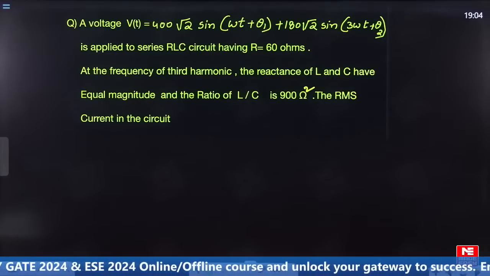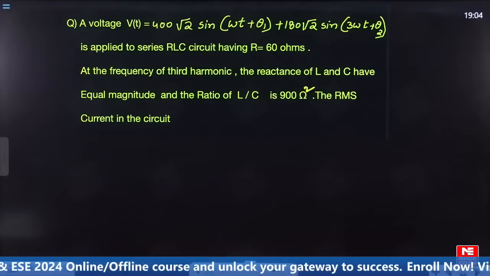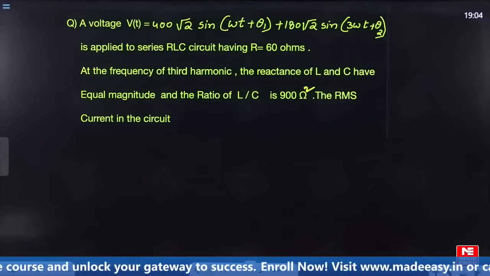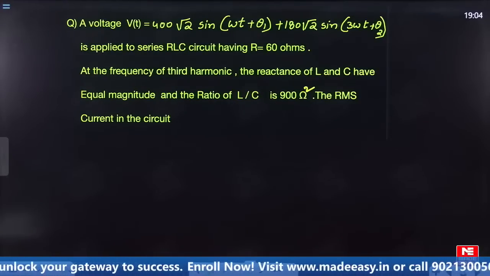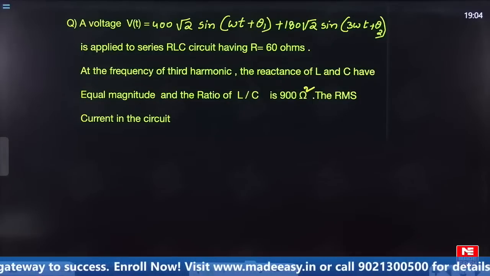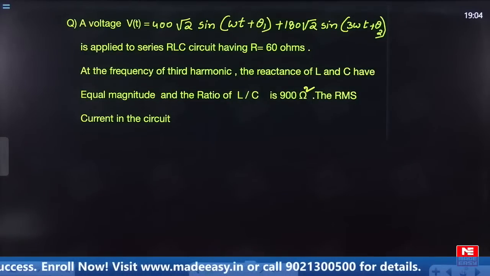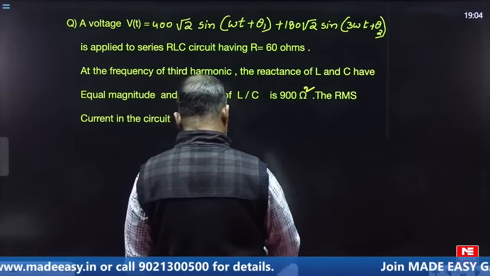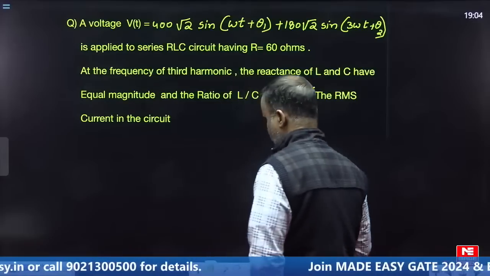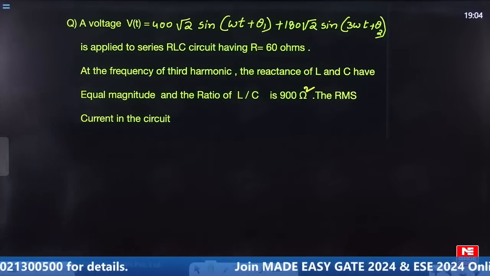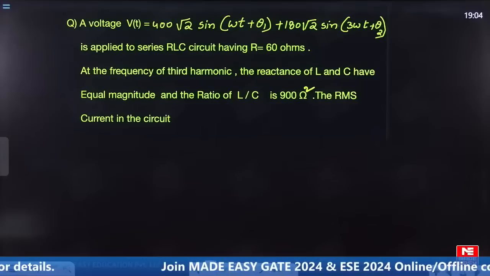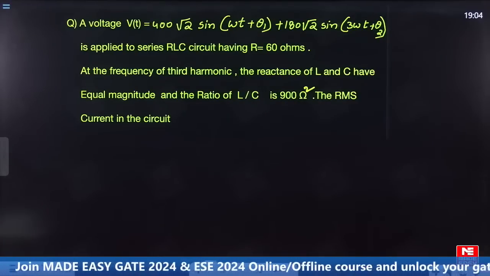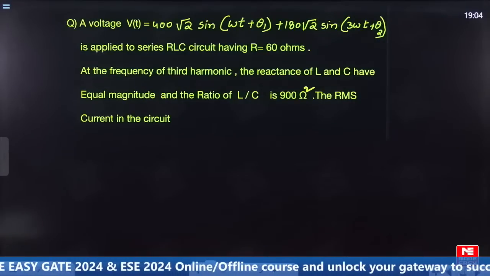Simply we write this as R by Z dash. If you write R by Z dash, we get the new power factor. Question, read it. Very good. Ajay, very good.